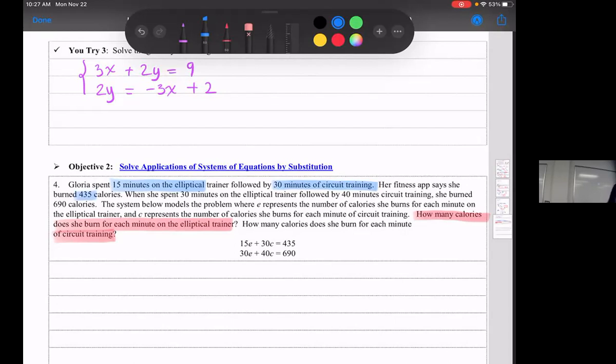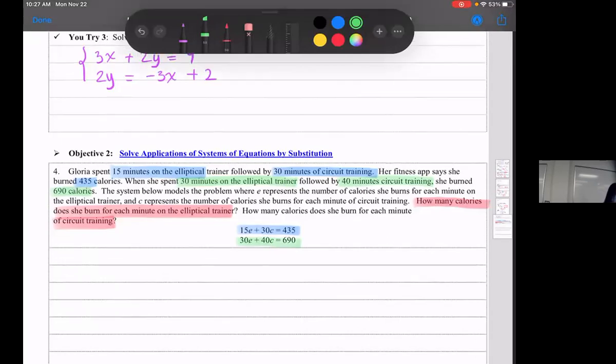So that's the first equation. The second equation: she spent 30 minutes on the elliptical trainer and 40 minutes on circuit training. So the total calories she burned is 690. 30E plus 40C equals 690. And then you solve. Let's solve this system of equations.